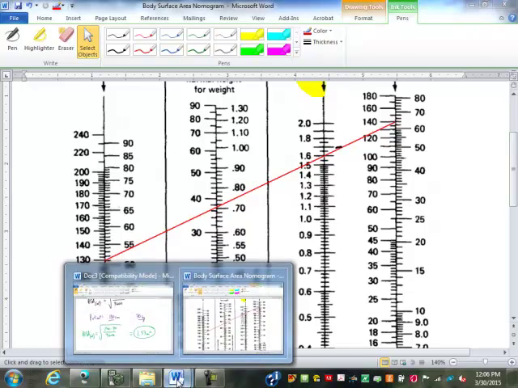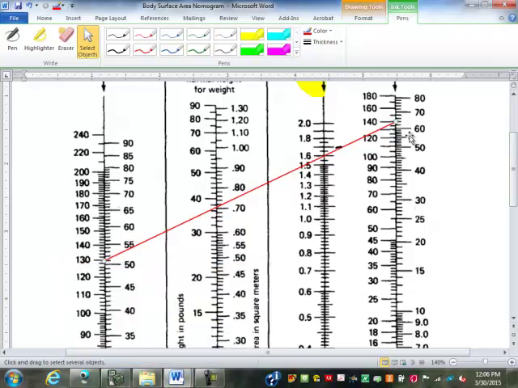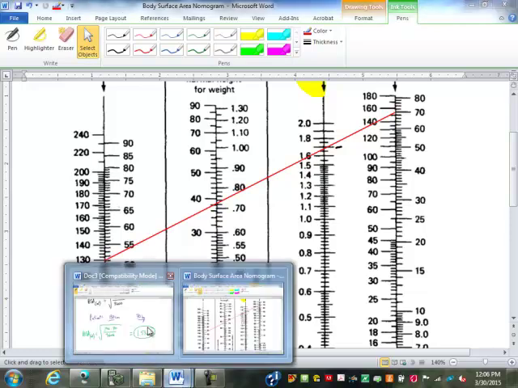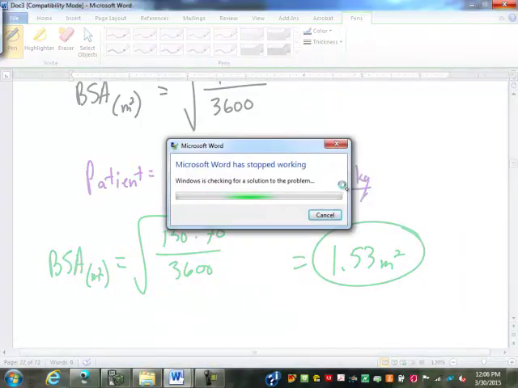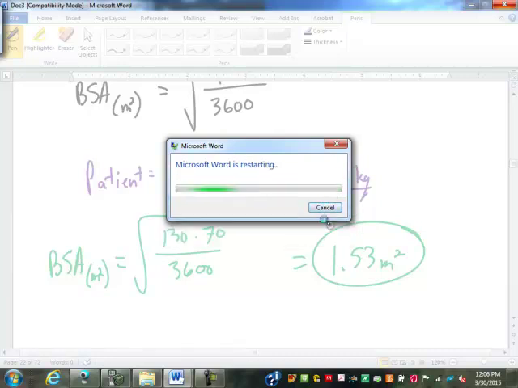Wish I had a memory. 70 kilograms. So 70 kilograms goes up to here. That's lined up with the 70 now. And on the body surface area here, we see it's between 1.65 and 1.7. Pretty close to right in the middle, so 1.67 or 1.68. I'm going to go with 1.67 since I know this almost always overestimates anyway.